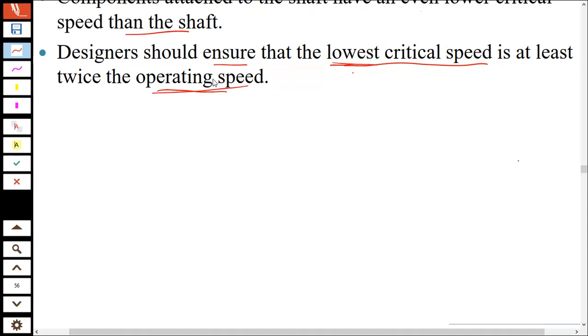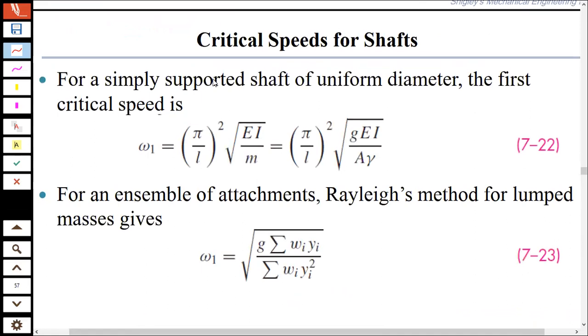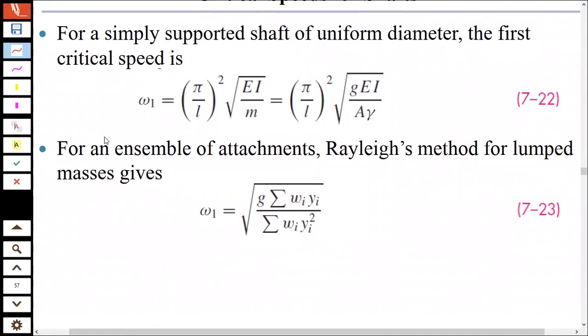so that it does not reach there. For a simply supported shaft of uniform diameter, the first critical speed, we already know this from your physics, that your first critical speed omega 1 is equal to pi over L square, square root of EI over m.